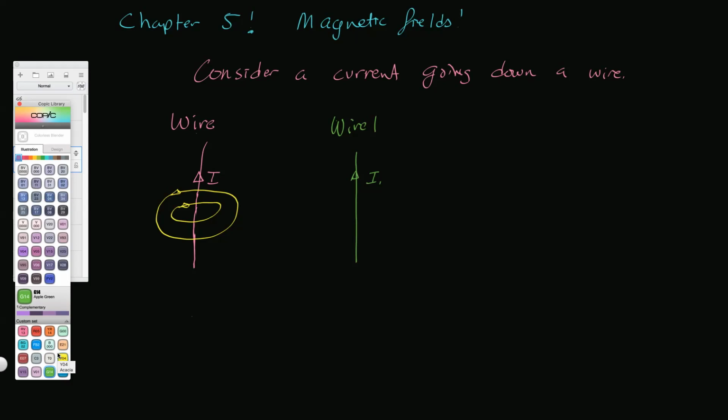They're not just sitting in a plane. So a better way to draw the B field is to have an arrow coming up on this side and the tail of an arrow going down that side. I want to call that B1, right? Does that make sense? Because it's going into the board and coming out and going in and coming out, yeah? Okay, now what if we have a second wire?